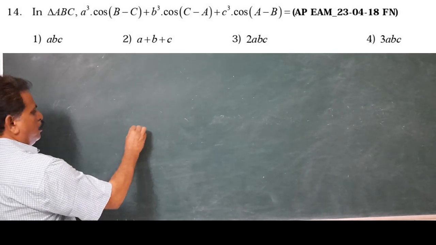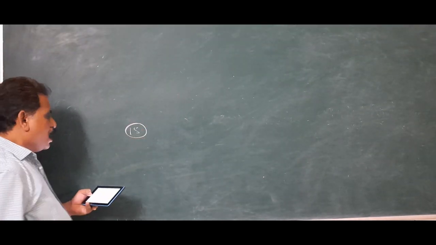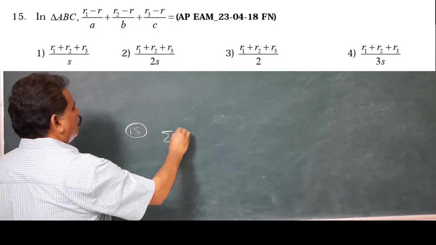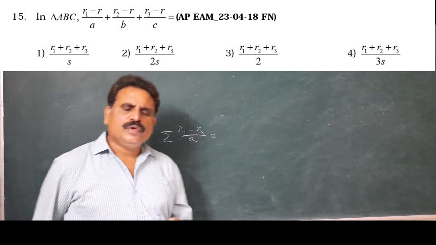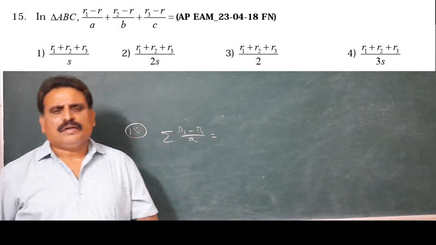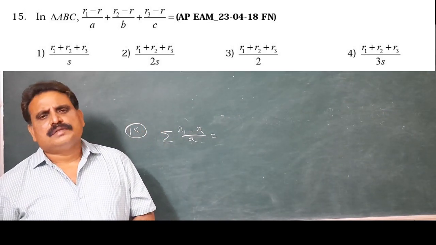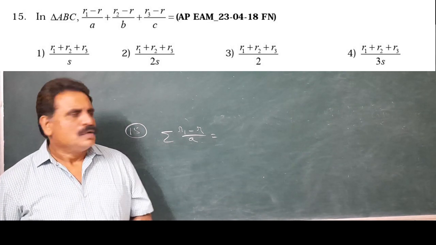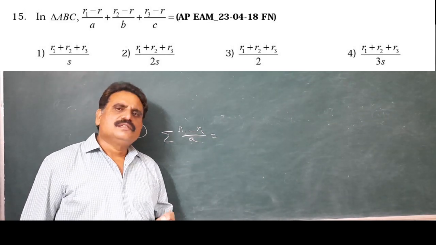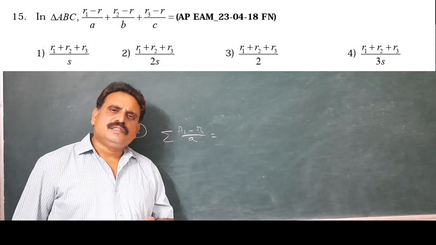Now the last question, the 15th question, that is sigma (r1 minus r) by a. We have a direct formula for r1. r1 equal to 4R sin A by 2 cos B by 2 cos C by 2. Small r is 4R sin A by 2 sin B by 2 sin C by 2.